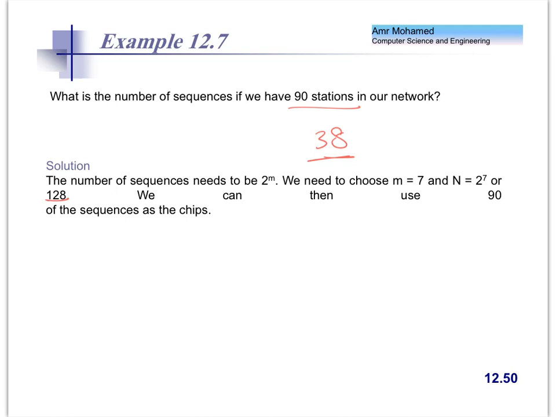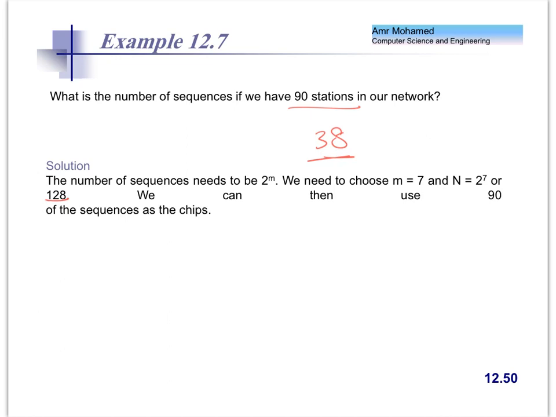The only issue with this is that the receiving nodes will need to have all 128 codes in order to be able to receive from any node at any point in time. That's one of the disadvantages of CDMA: for a node to receive from multiple nodes, it needs to maintain all the codes for all the nodes that it wants to communicate with.